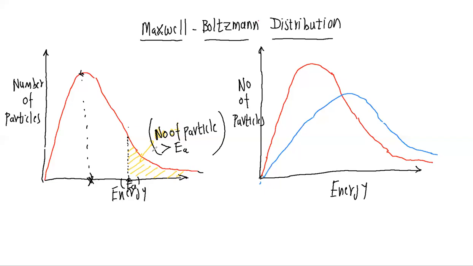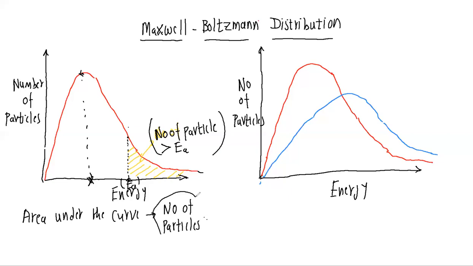So you should be very clear what this area under the graph is representing. The area under the curve represents the number of particles possessing that energy.